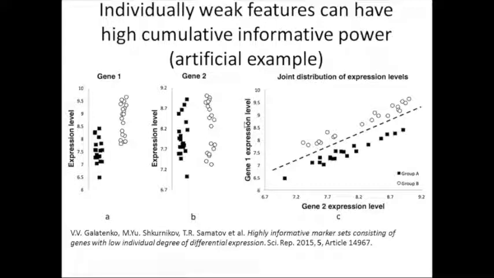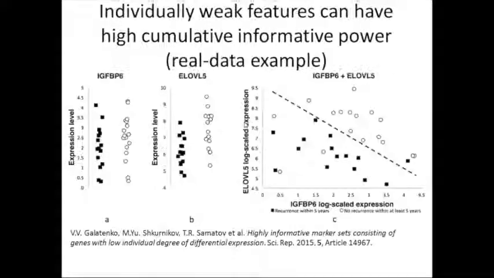As I said, it is just an artificial example, but there are real data examples, for example, in breast cancer related data that also illustrate this fact. So, for example, in this case, the expression level of gene IGFBP6 is almost the same in the black and in the white classes.